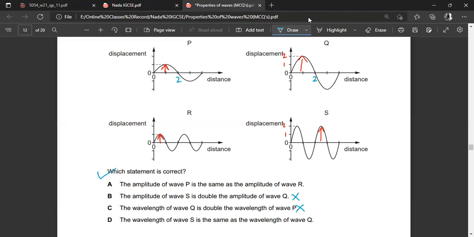ओके, अब ऑप्शन डी, the wavelength of wave S is the same as the wavelength of wave Q. So if we look at wave S, one wave is completing here, and for Q, one wave is also completing here, right?